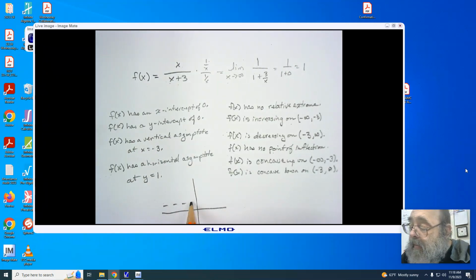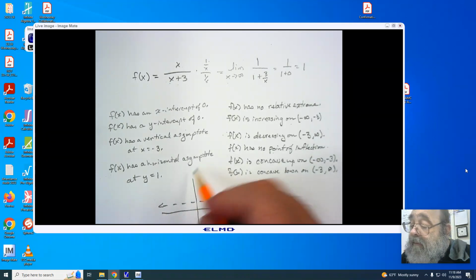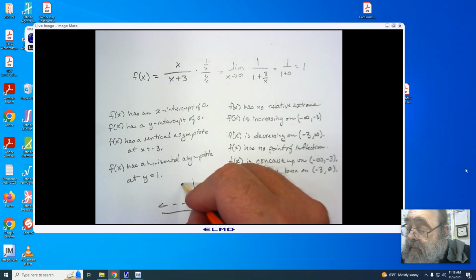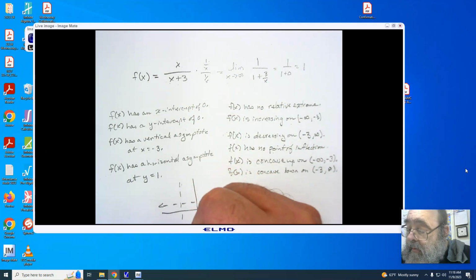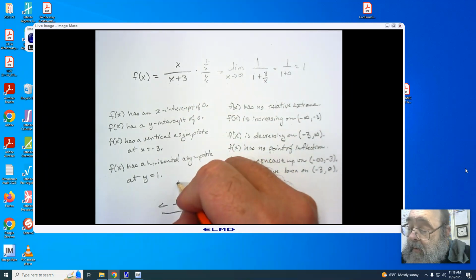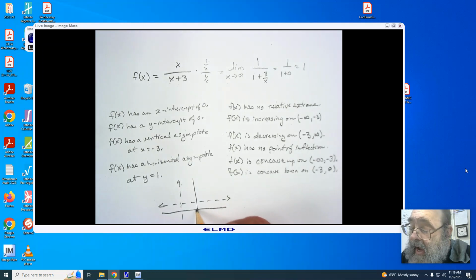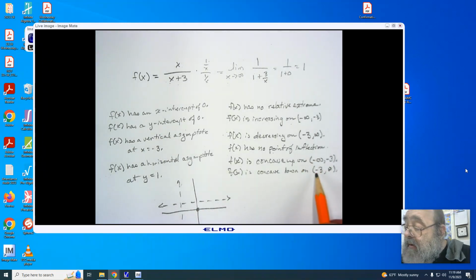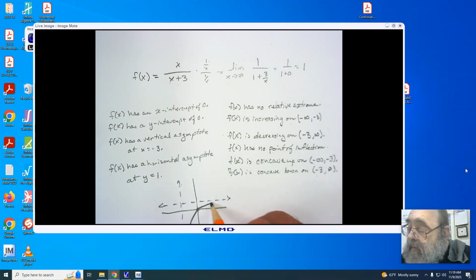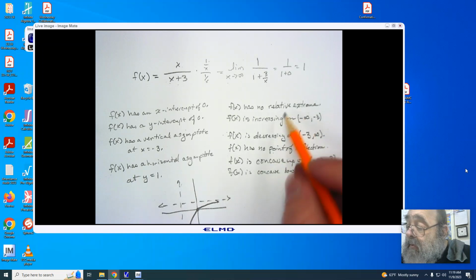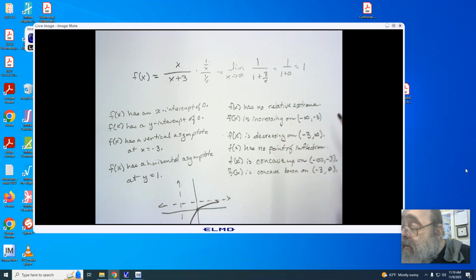Finding the horizontal limit, finding my vertical asymptote, locating my x and y intercepts, concave down on the positive side, and increasing on both sides.